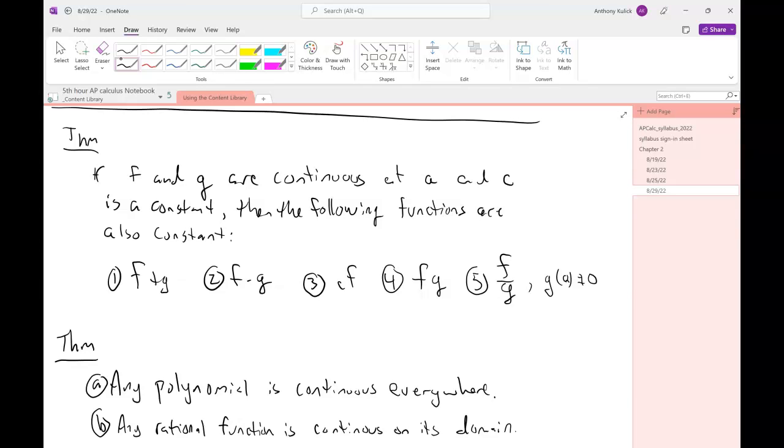So if I take a polynomial and add it to a rational function, what can I say?